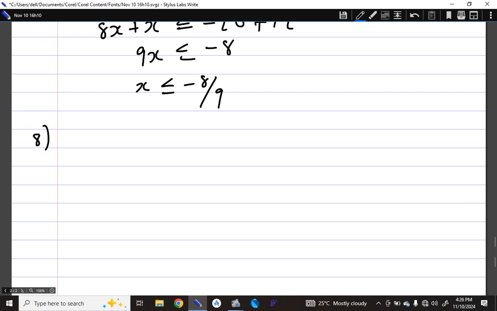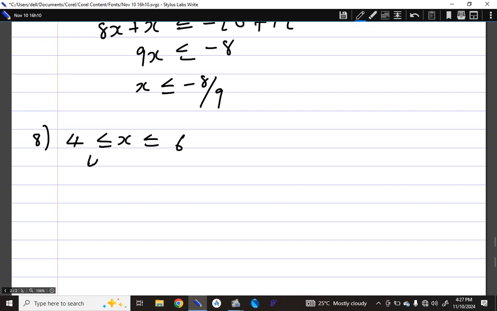For question number 8, we have 4 is less than or equal to x, and x is less than or equal to 6. Let's classify the following inequality as can never be true or true. Let's choose any number for x.